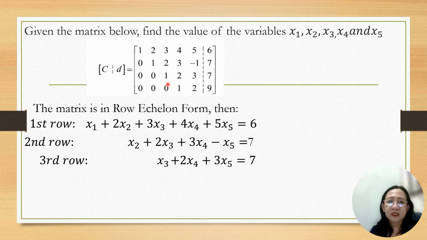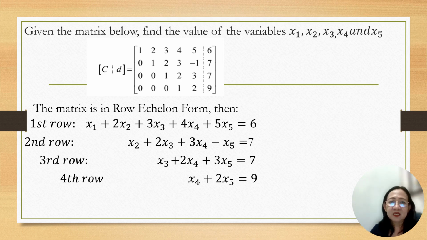So we will start at x sub 3 plus 2x sub 4 plus 3x sub 5 is equal to 7. And then the fourth row gives us 0 for x sub 1, x sub 2, and x sub 3. So we will start at x sub 4 plus 2x sub 5 is equal to 9.